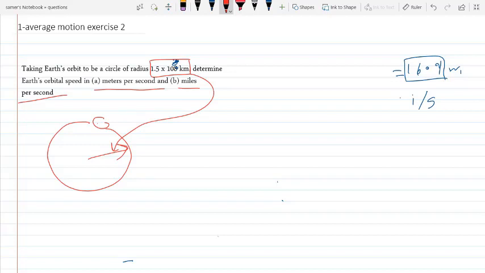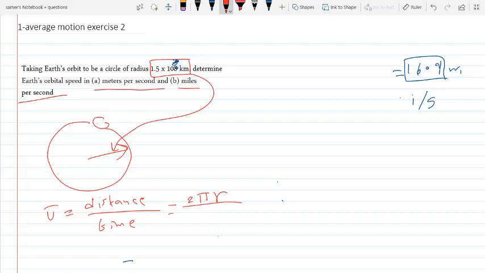In order to do that, we can simply use the equation v equals distance over time. The distance here is simply the circumference of the orbit of the Earth, which is 2 pi r, over the time, which is 365.25 days.